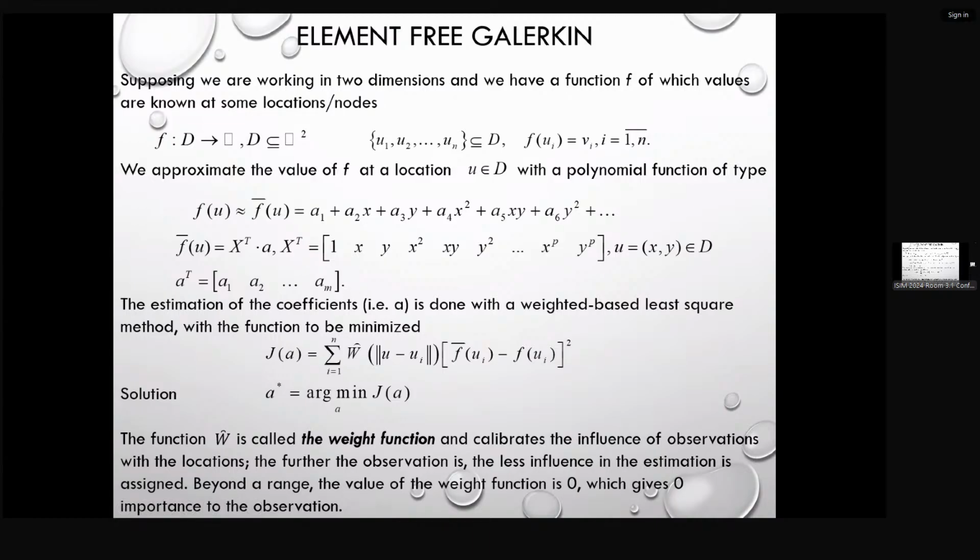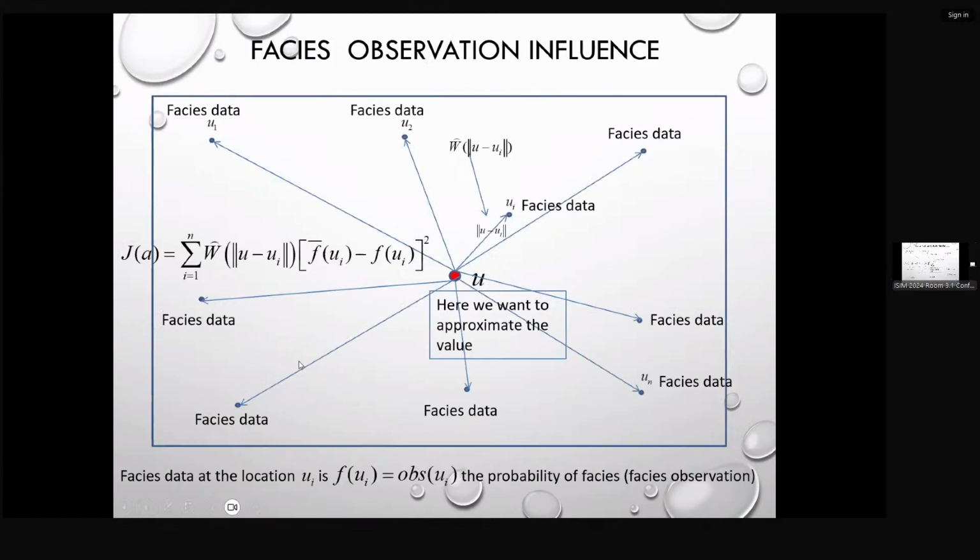Okay, so we must find the minimum argument of function J. So we have observations, and using that function we can calculate the approximation of a value in other points.